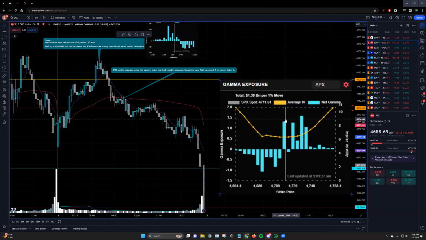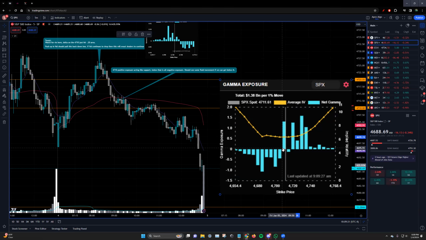GEX, Vanna exposure and Charm exposure can all be very, very difficult to learn, but there are certain ways that you can implement it right away. And that's as simple as just marking the AOIs or the big exposure walls, labeling them as positive or negative, and going from there. That's essentially how you utilize it.